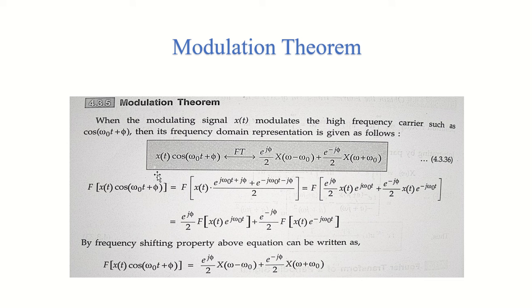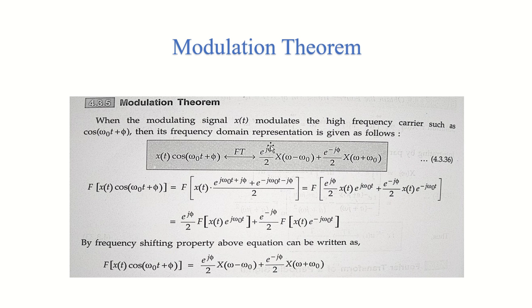So the modulating signal x of t is modulating the high frequency carrier like cos of omega 0 t plus phi. The frequency domain representation will be something like this: x of t into cos of omega 0 t plus phi, and whenever you take the Fourier transform of it, you will get this term.